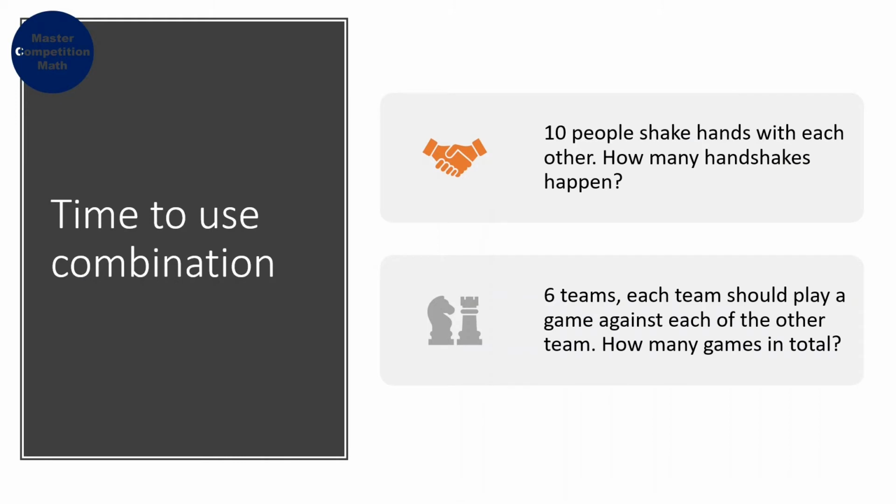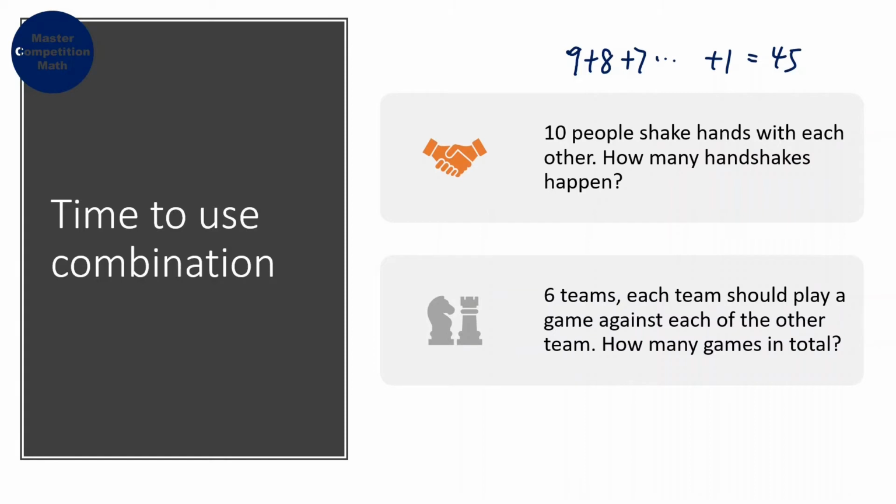Okay, so once we get the idea of combination, what's the time to use it? For example, I guess you might have seen math competition questions like 10 people shake hands with each other. How many handshakes happen? Previously, you might do, okay, the first person will have 9 handshakes with other people, and the second one is 8, so 9 plus 8 plus 7, and so on, plus 1, this is 45.